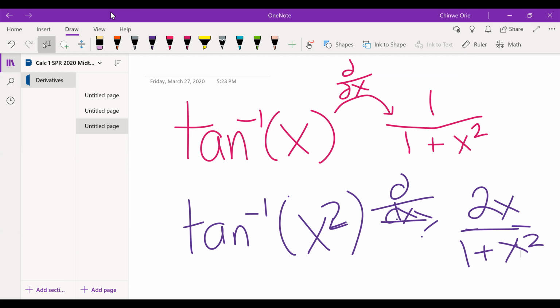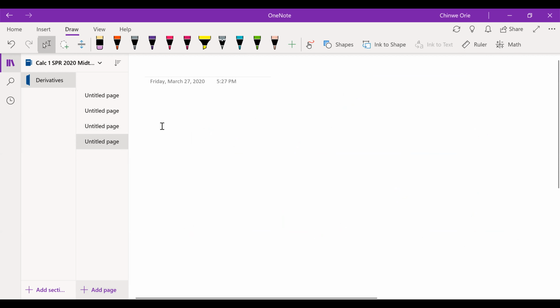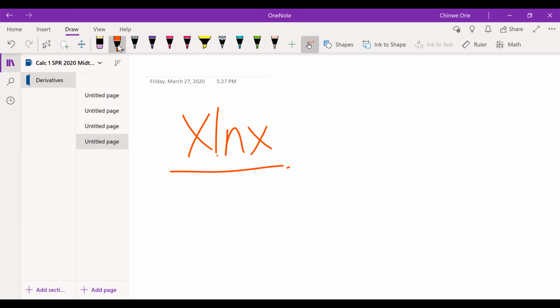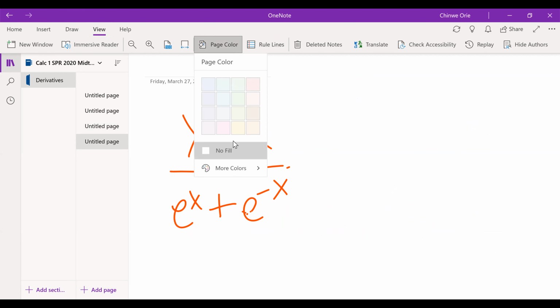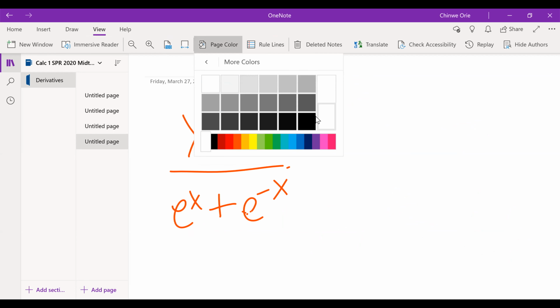Okay, let's get to this next stage. We've got x ln x over e to the x plus e to the negative x. Let's first look at what rules we're going to apply to our function.